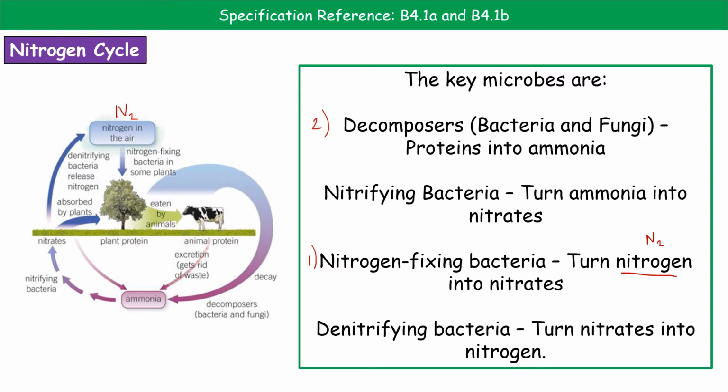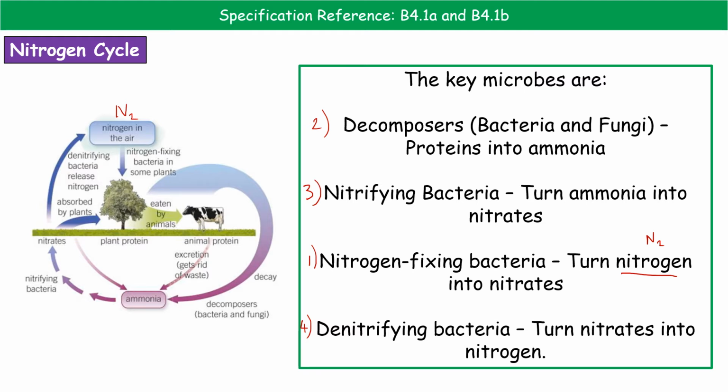What we then find is that ammonia is going to be changed into nitrates by our third bacteria, the nitrifying bacteria. So we've got nitrates in the soil again, which can be absorbed by the plants. The final type of bacteria in our nitrogen cycle are the denitrifying bacteria, and they just take those nitrates and return them to the air as nitrogen.